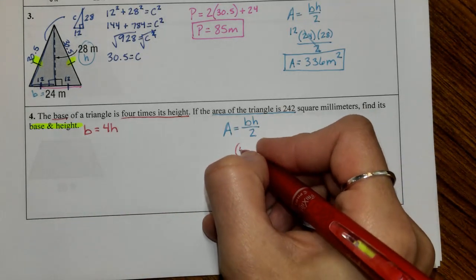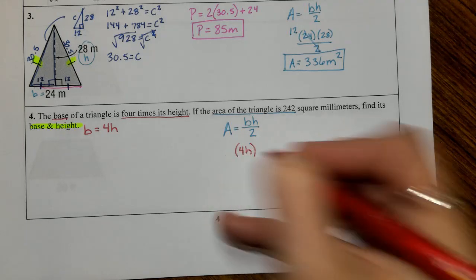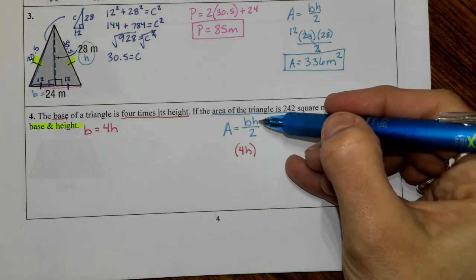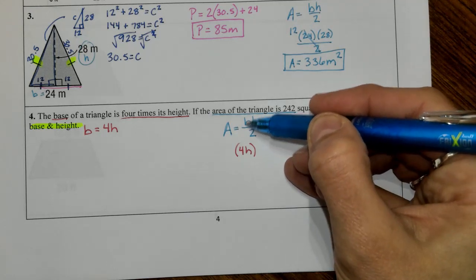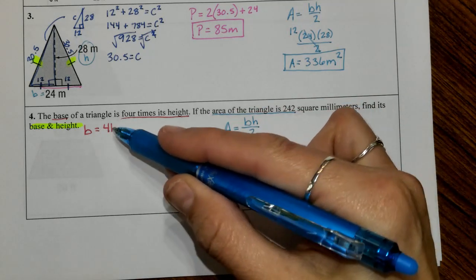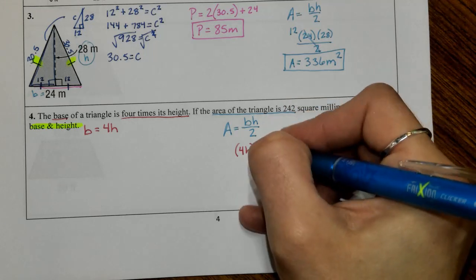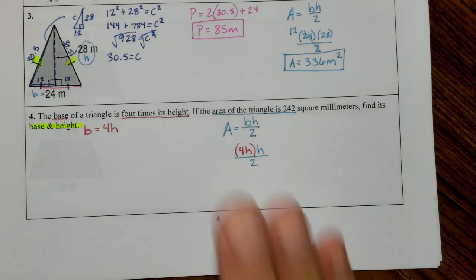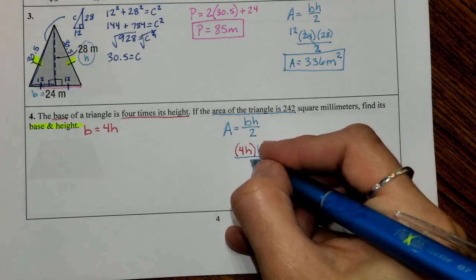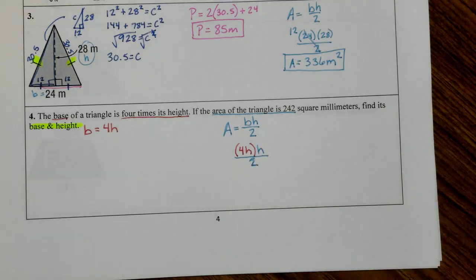So we can plug in 4 times h. Now we have to bring that h down, and this can get confusing. We replace base with what base is, and then now we need to bring down that h for the height and divide by 2. Okay? We only have one variable, so that's fine.